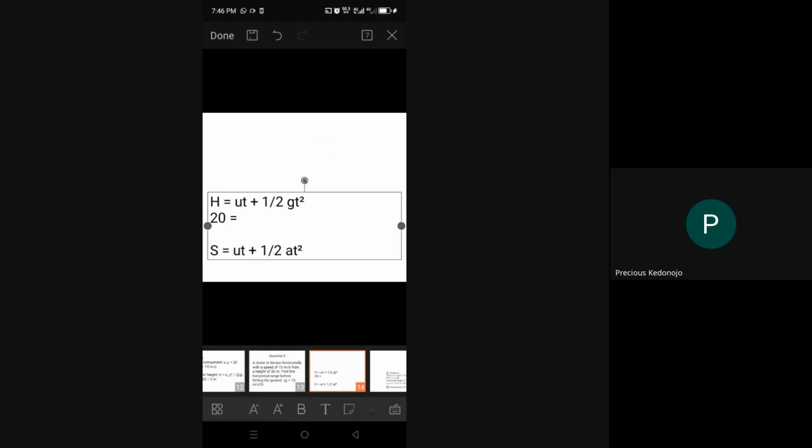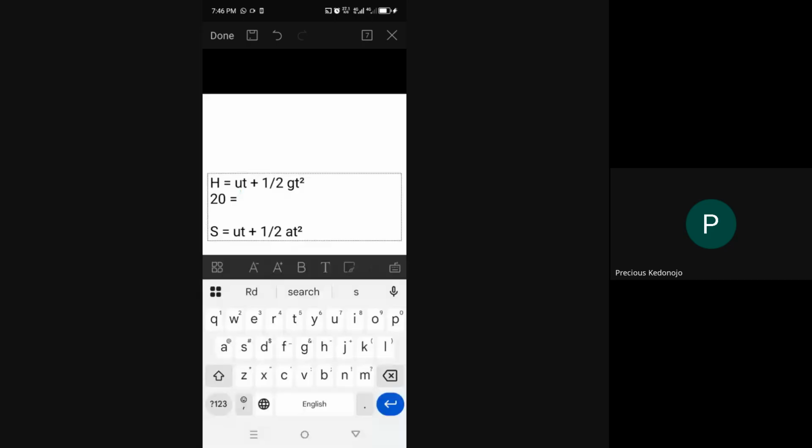So my u is 0 times t. Time was not given in the question, and I need this time so that I can actually solve the question. That's why I'm using this first formula; it is the only formula that will give you the time.